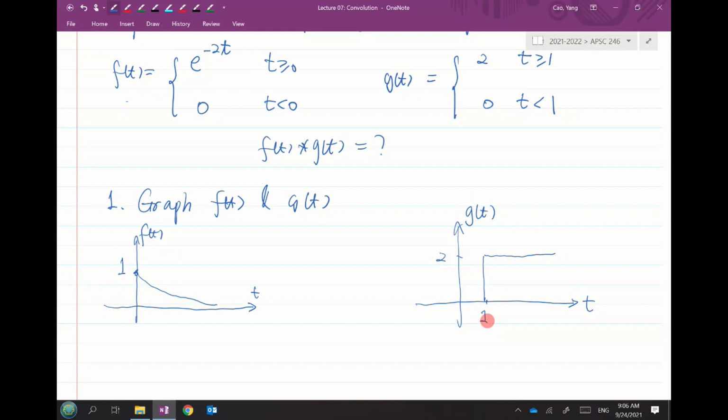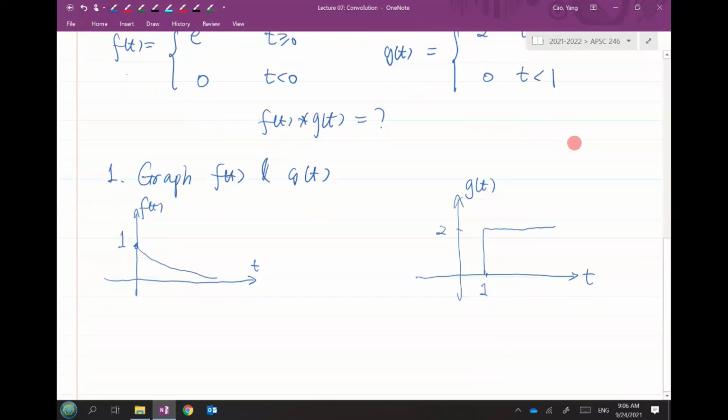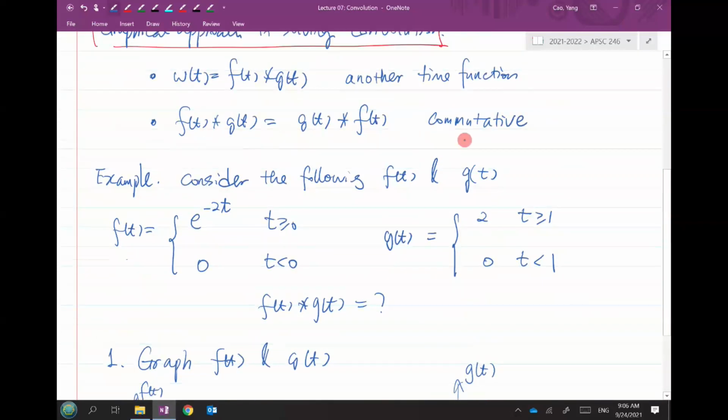Good. Once you graph this out, let's look at how we calculate the convolution using the graphic approach. The second step: you go back to the commutative property, because we know f of t convolved with g of t is the same as g of t convolved with f of t.